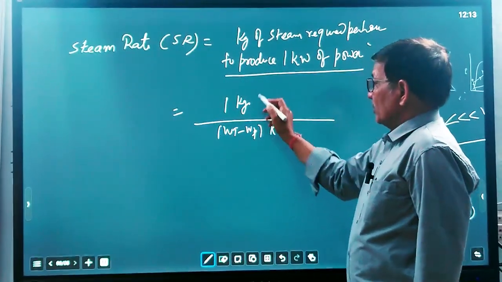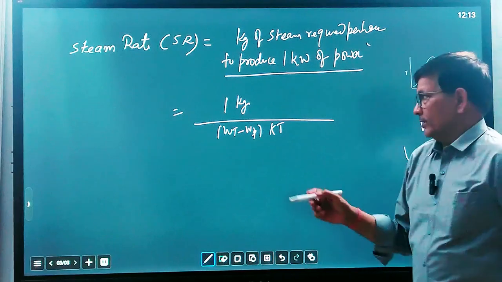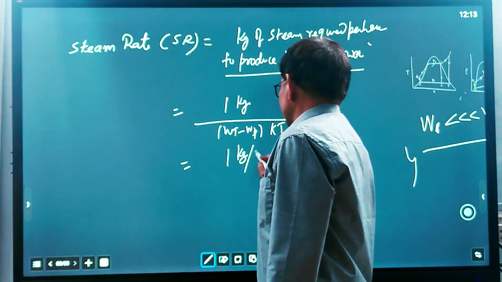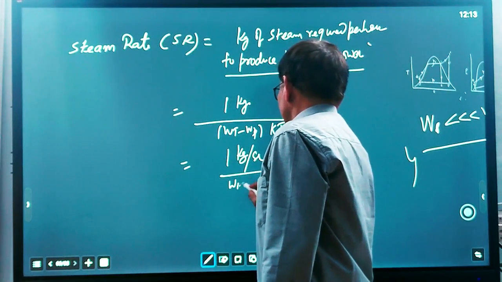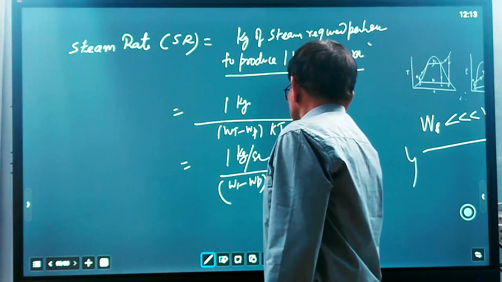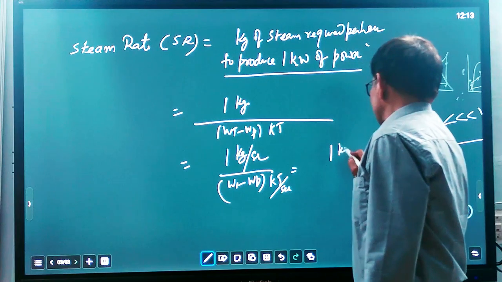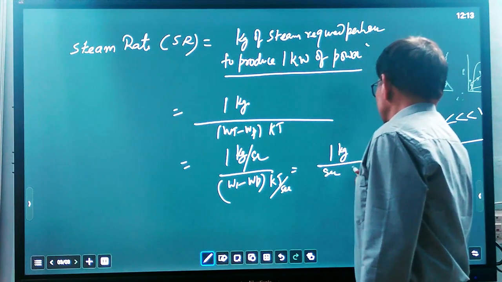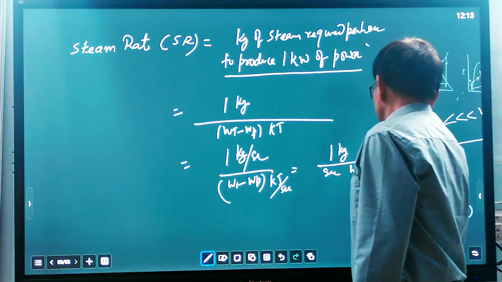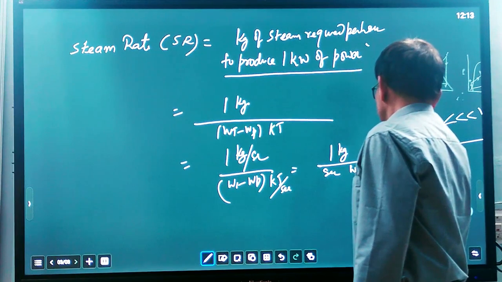So divide the whole numerator and denominator by second: 1 kg per second and WT minus WP kilojoule per second. So this will become 1 kg per second and WT minus WP kilowatt.